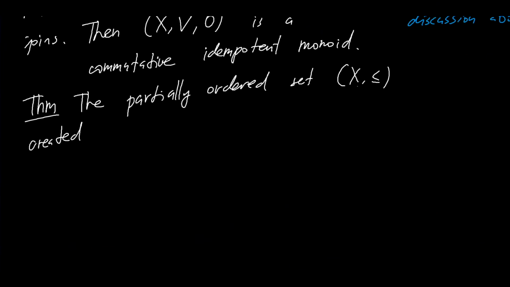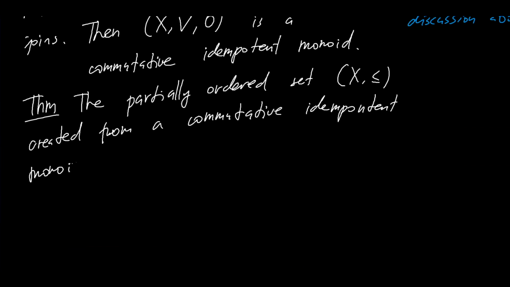The partially ordered set created from a commutative idempotent monoid has smallest element.